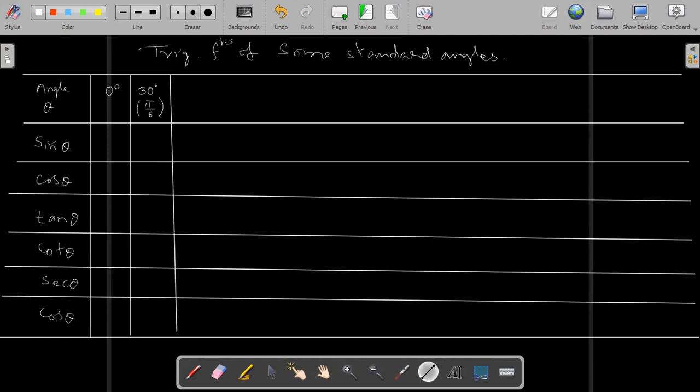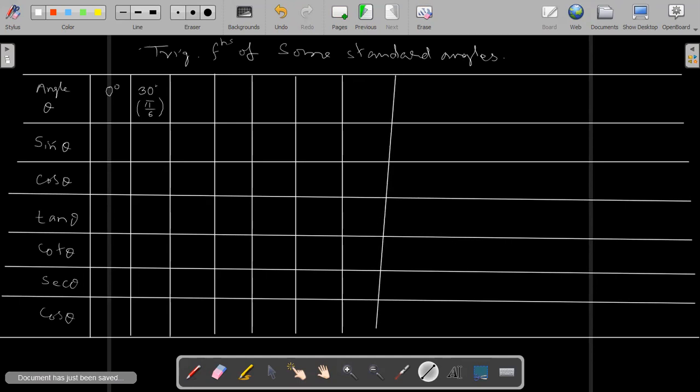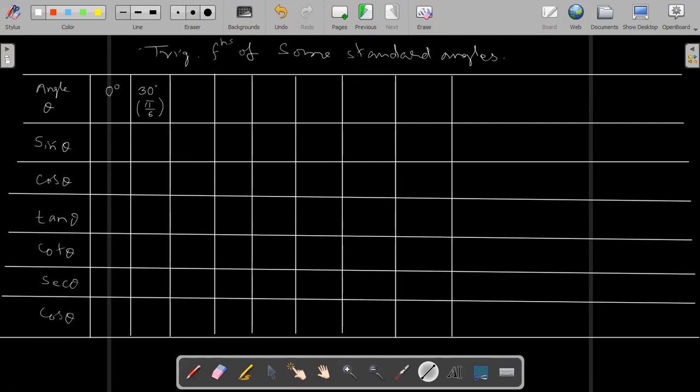So 30 degree, then 45 degree, then 60 degree, then 90 degree, then you will write 120 degree, then 135 degree, 150 degree, 180 degree, 270 degree, and 360 degree.